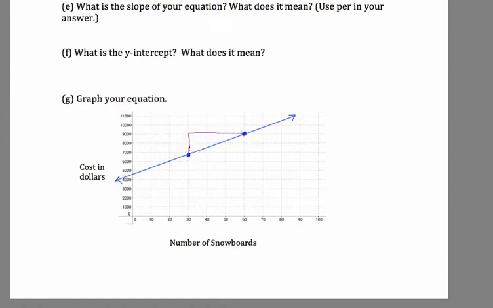I go up, and I do this visually a lot too. From 67.50 to 9,000, that's going to go up 22.50. And how many will I go right from 30 to 60? So that will be right 30. So my slope will be rise over run. So 22.50 divided by 30 is 75.